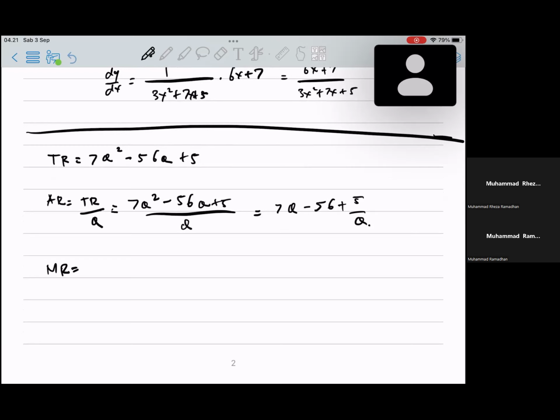So marginal revenue is dTR over dQ. So it means that marginal revenue is 14Q minus 56. So it is the marginal revenue function.